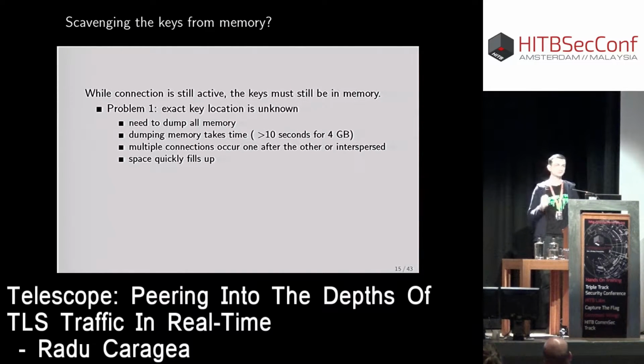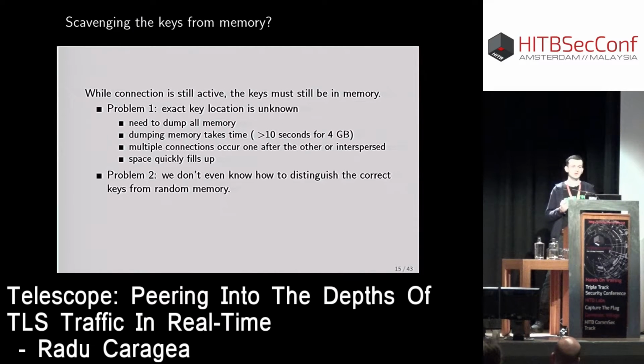But for the moment, we're engineers, right? Let's simplify the problem for a bit. We're going to decrypt just one connection. For this, we're going to accept for the moment the penalty of dumping the memory to disk. So we have the memory dump. What are we going to do with it?